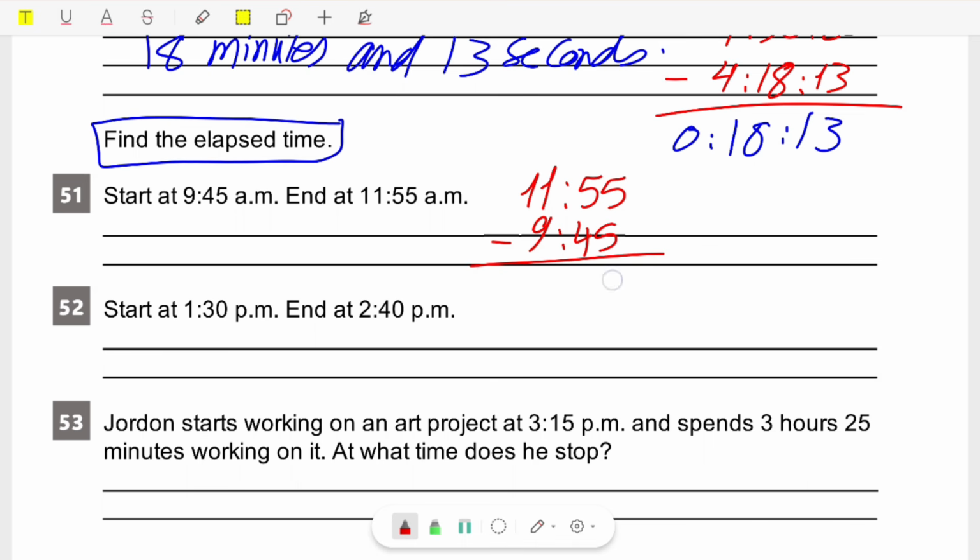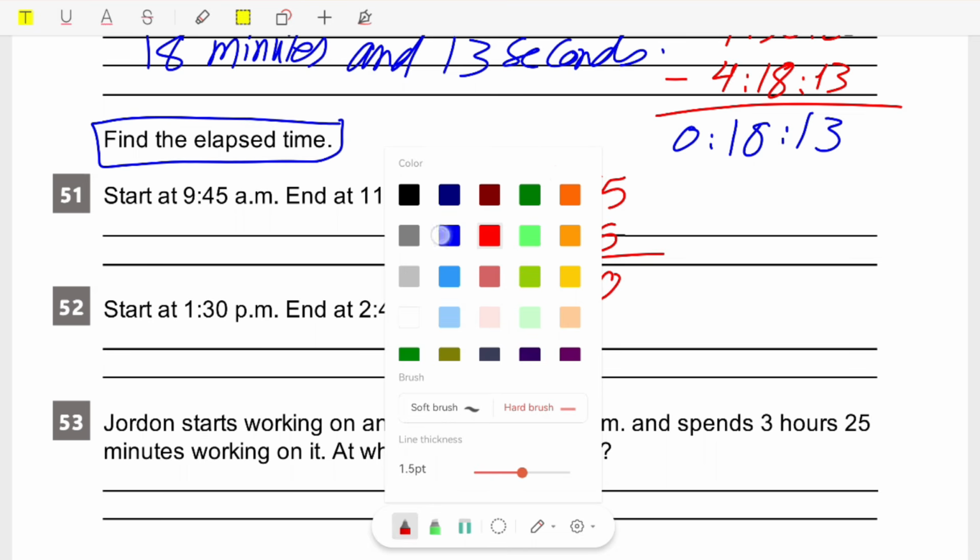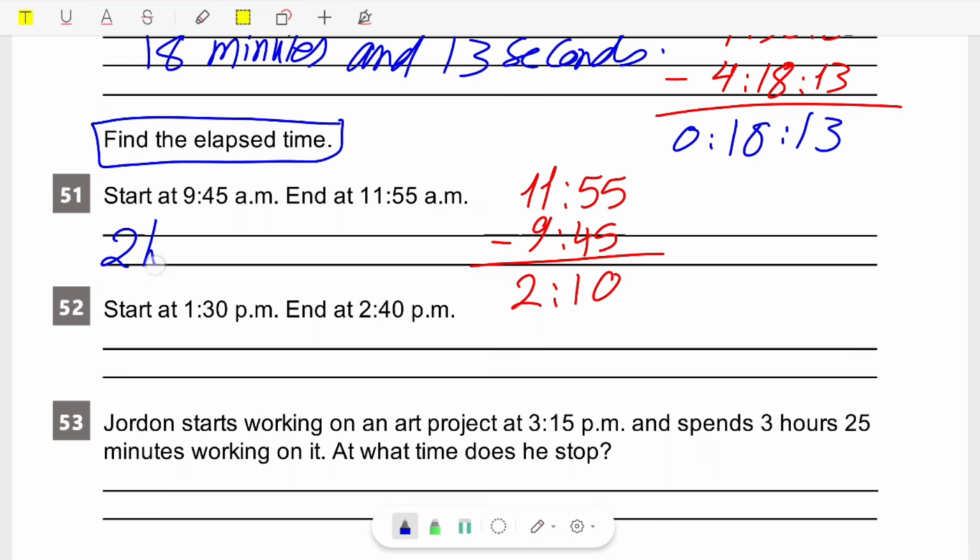So 5 minus 5 equals 0, 5 minus 4 equals 1, and 11 minus 9 equals 2. So the answer will be 2 hours and 10 minutes.